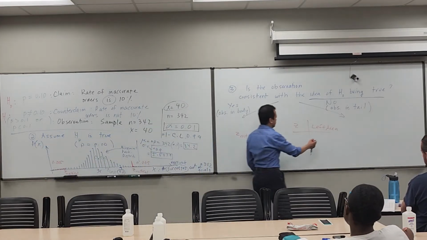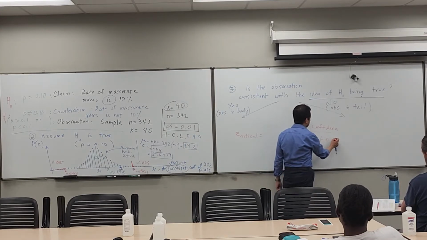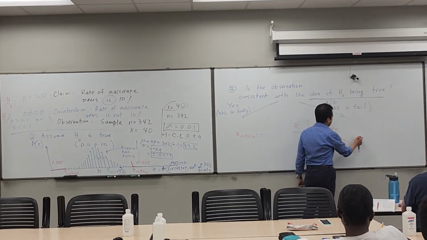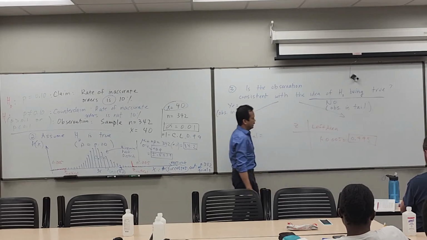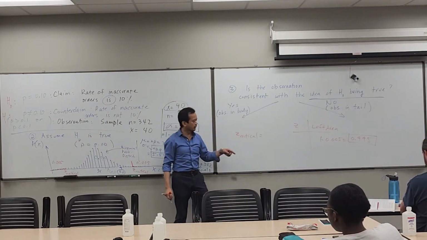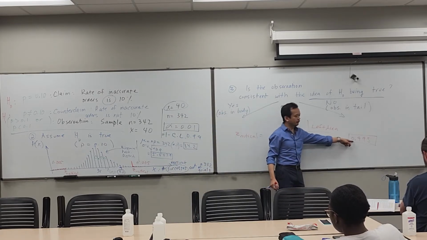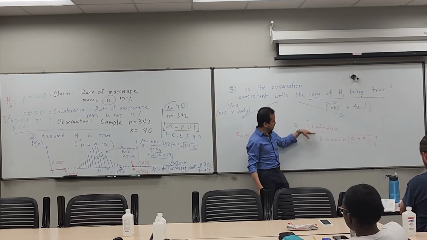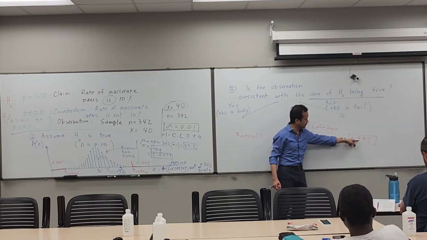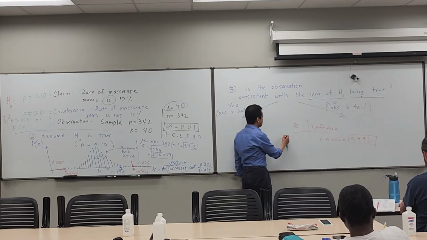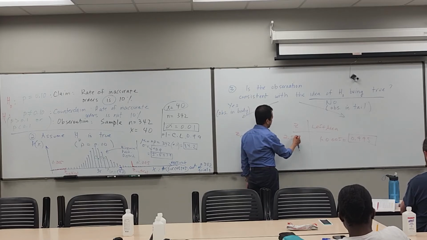So this left area will be 1 minus 0.005, which is 0.995, 99.5%. And so we're going to use the z-score chart, look up a left area of 0.995. So left area is a number in the middle of the chart representing left areas. Look for 0.995. It'll be 2.575. Good, and it should be 2.575.